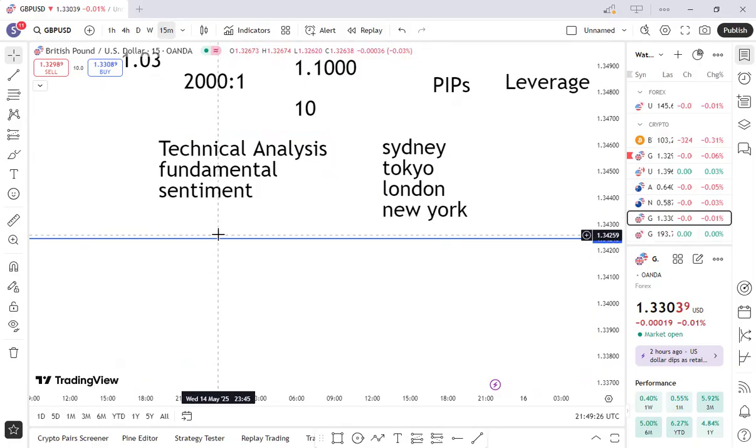And as a beginner, don't just deposit money. Trust me, you will not make any profit out of it. You need to practice. You need the knowledge. You need the skill. So you need to practice with a demo account first before you deposit money. Once you have gained the skills and knowledge, then you can deposit money and start trading.